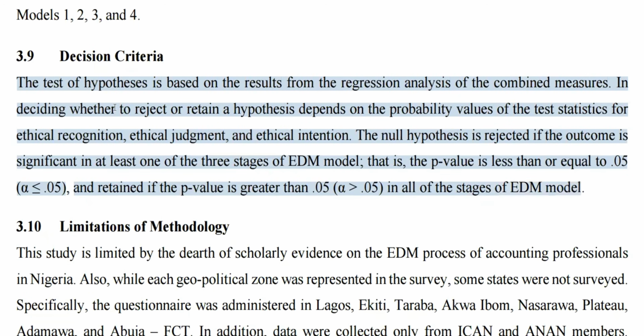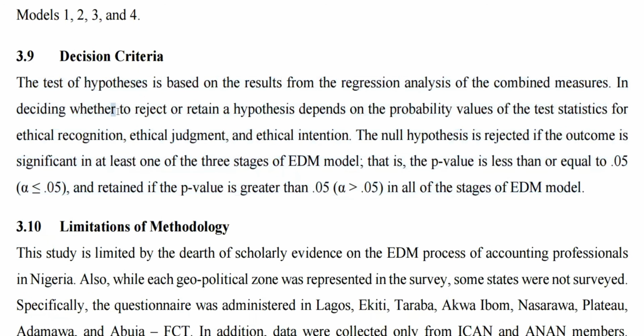Generally, when the p-value is less than the 0.05 level of significance, you will reject the null hypothesis and accept the alternative hypothesis. But if it is higher, then you will see how we generate that when we are doing the practical aspect of SPSS. But you can state this in your chapter 3: what criteria are you using to accept or reject a hypothesis?